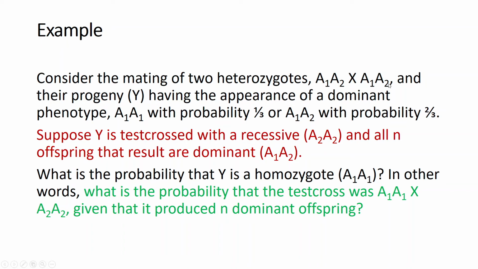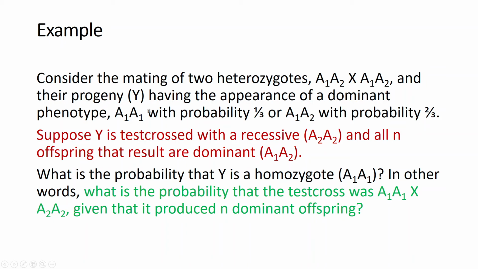Here we have this cross, and this cross has an offspring which is called Y. For this offspring we have considered only dominant phenotypes. That means a recessive has been removed from the consideration. Therefore, we remain with the dominant phenotypes: A1 A1, which is a third, or A1 A2, which is 2/3.